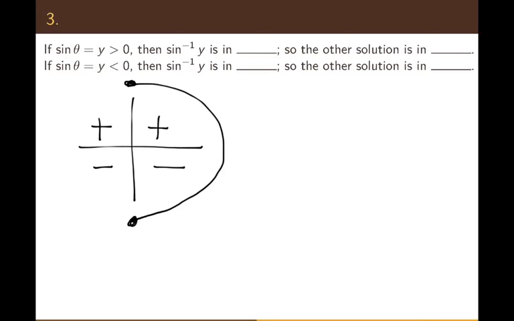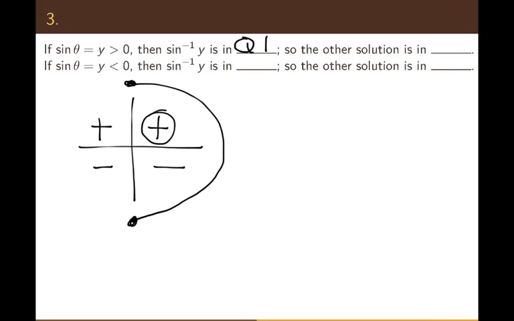Sine inverse's range is negative pi over 2 to pi over 2. So if sine is positive, then sine inverse lives in quadrant 1, because that is the overlap of positive and the range of sine inverse. So if I have an equation, sine of theta equals y, the sine inverse solution will be in quadrant 1.